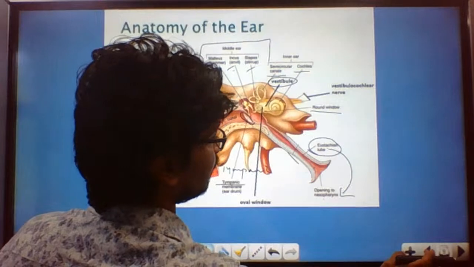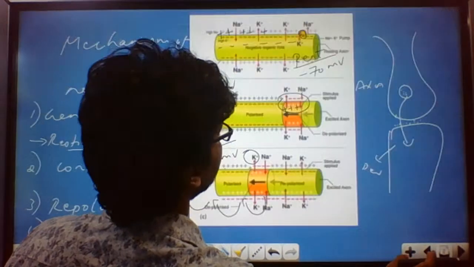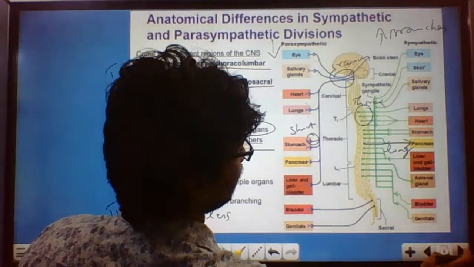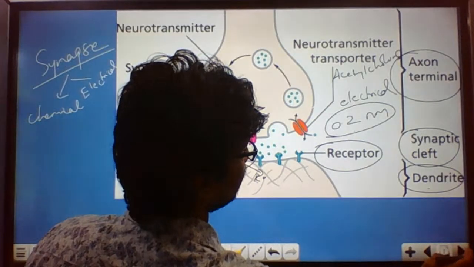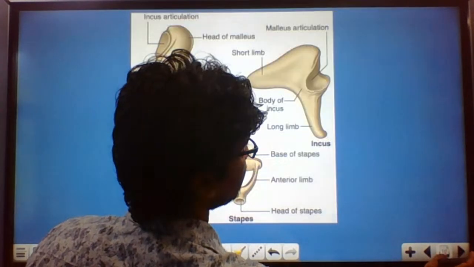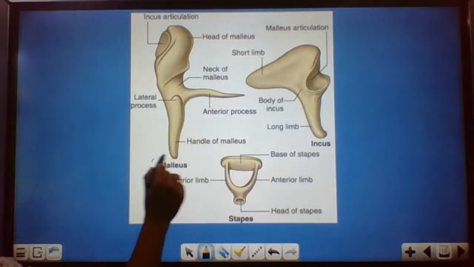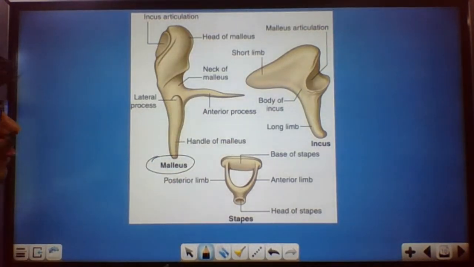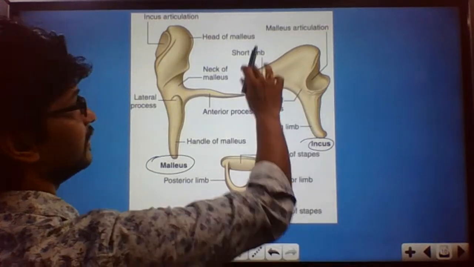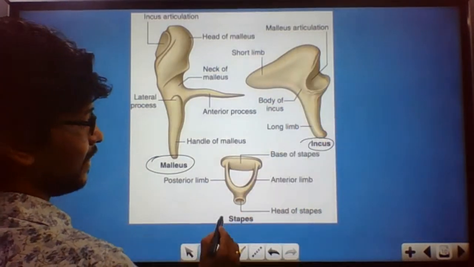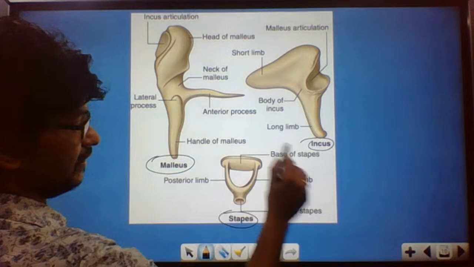Coming to the ossicles of the ear, there are three ossicles: malleus, incus, and stapes. This is the malleus, the first ossicle, and this is the incus. And we have the stapes, which is connected with the oval window.